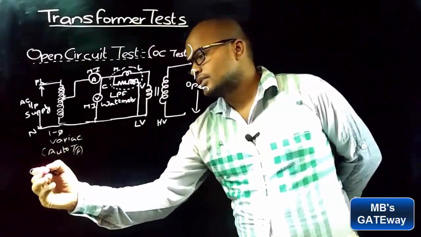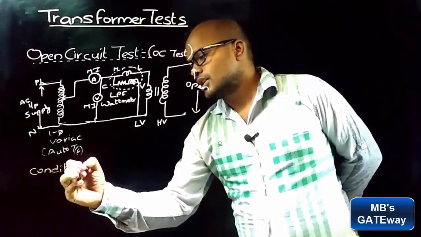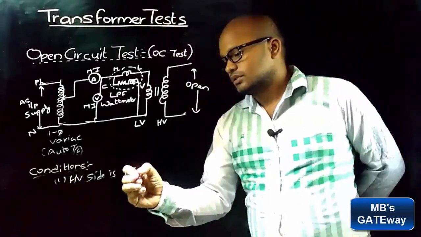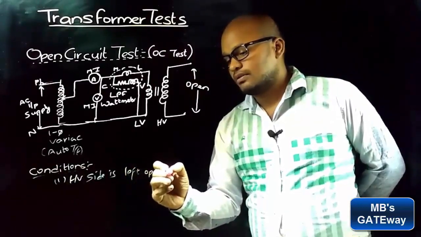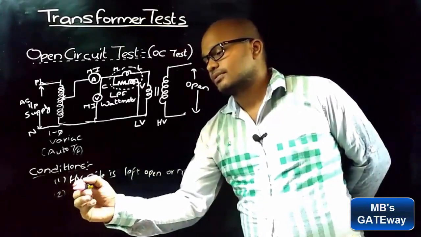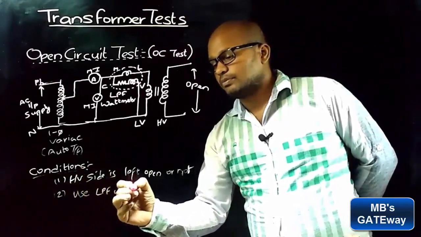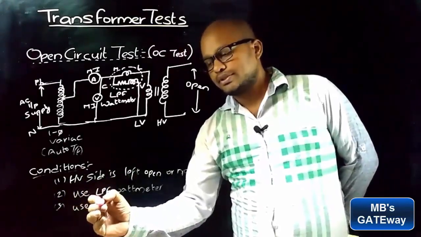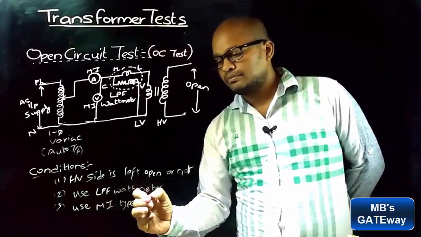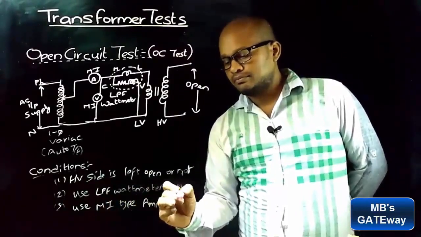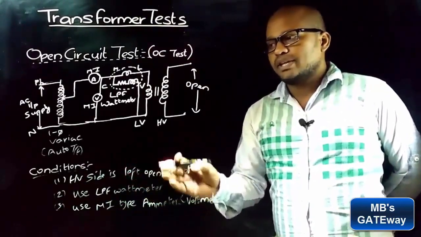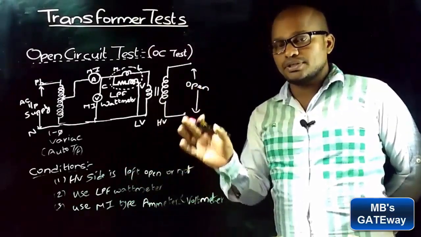The conditions that you must check before performing this test are, first, whether the HV side is left open or not, and second, use an LPF wattmeter and use moving iron type ammeter and voltmeter.